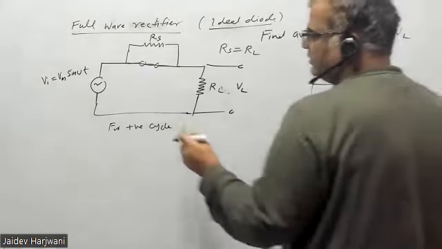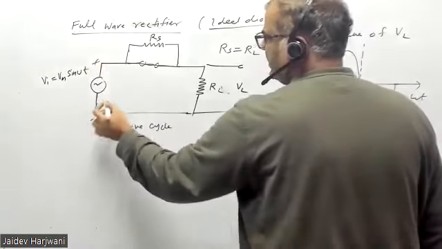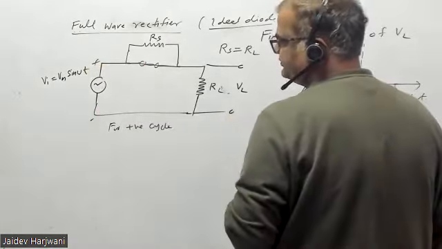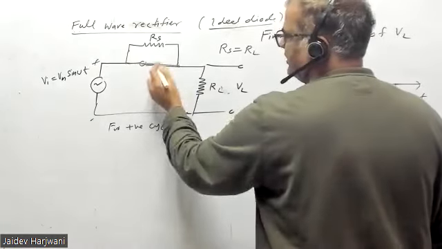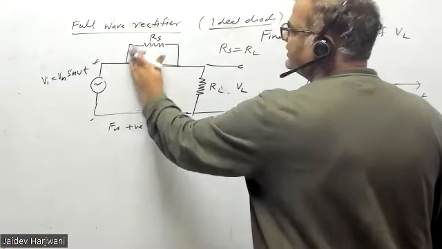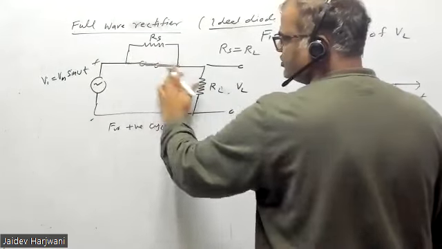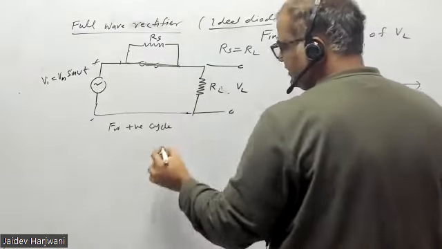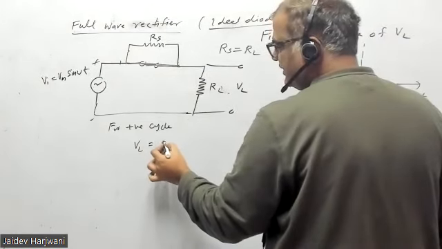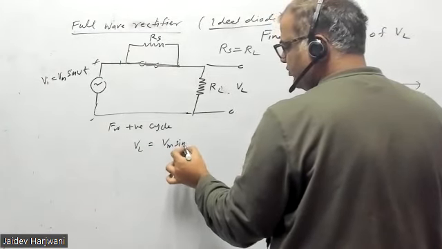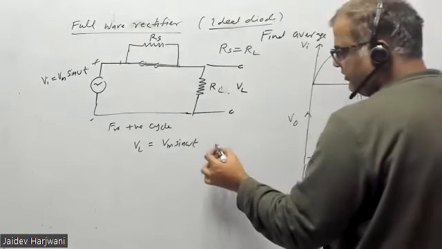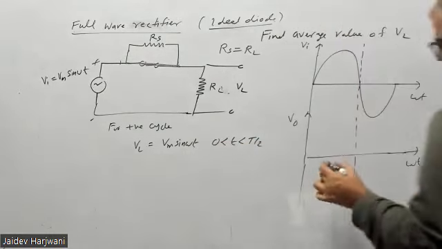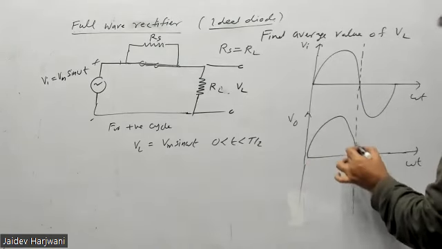Because this is a plus, this is a minus, and this becomes short here. If it were not there, it would be a series circuit, but this is shorted. So no current will pass here, all the current will pass here. So your V load will be exactly equal to Vm sin omega t for time period 0 to T by 2. So this part you will get exactly like this.